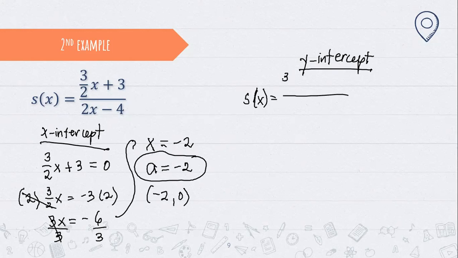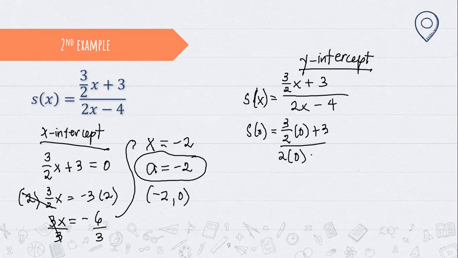S of x is equal to 3 over 2x plus 3, all over 2x minus 4. Substitute with 0. So we have s of 0 is equal to 3 over 2 times 0 plus 3, all over 2 times 0 minus 4. Ayan. And then, syempre 0 na to agad kasi any number multiplied by 0 is 0.